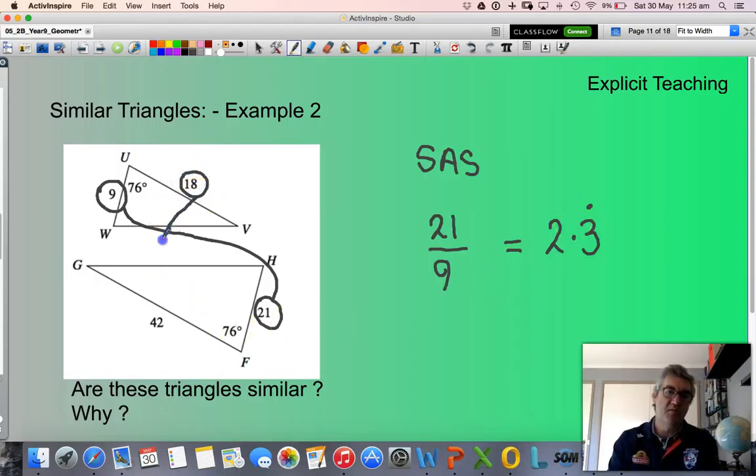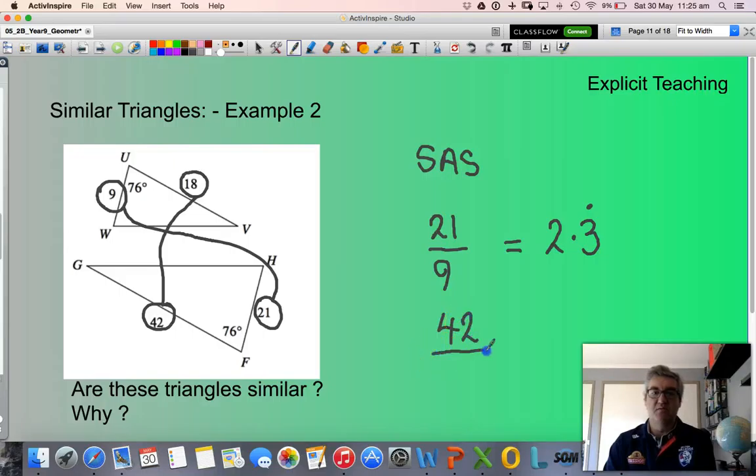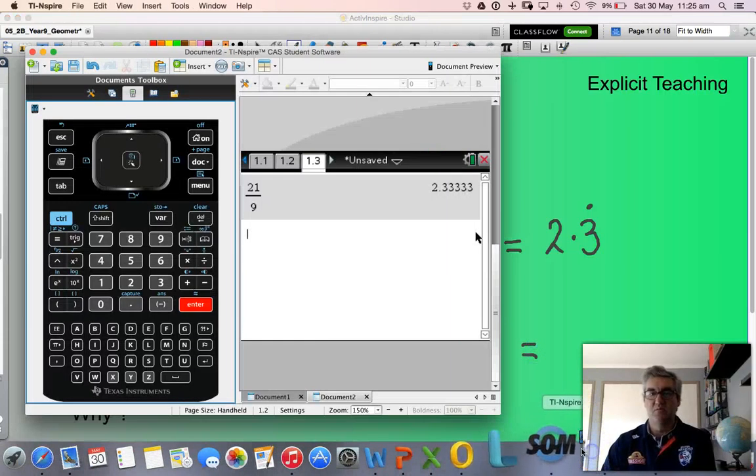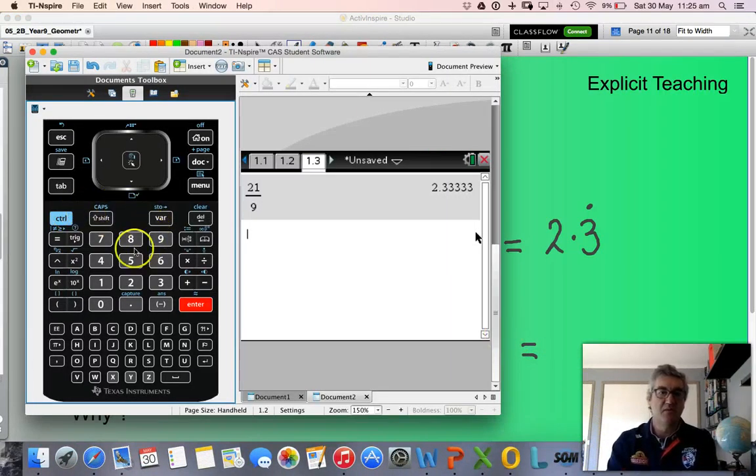What do I multiply it by to get to 42? So 42 divided by 18. What do I get in this situation? So I'll put that on my calculator. 42 divided by 18.